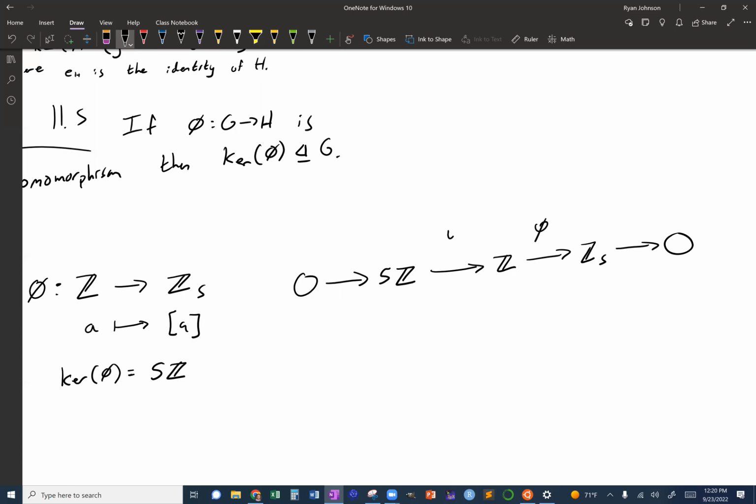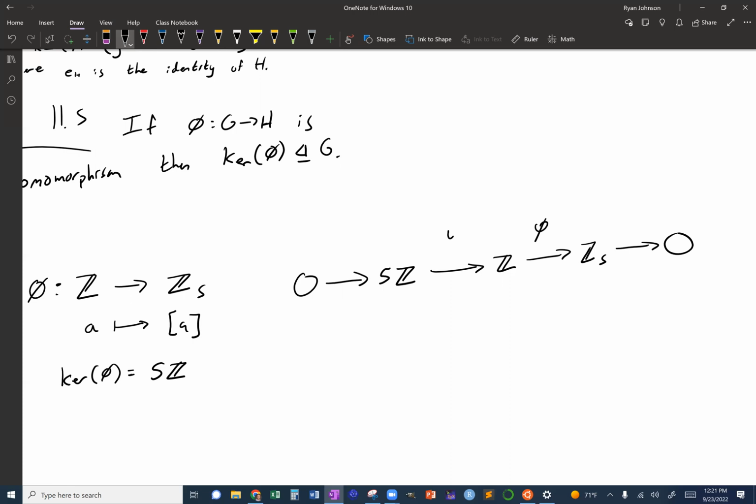And short exact sequences are important because you're showing how to build up Z with multiples of 5 and integers mod 5. Every integer is like a multiple of 5 plus an integer mod 5. In fact, that's the Euclidean algorithm.